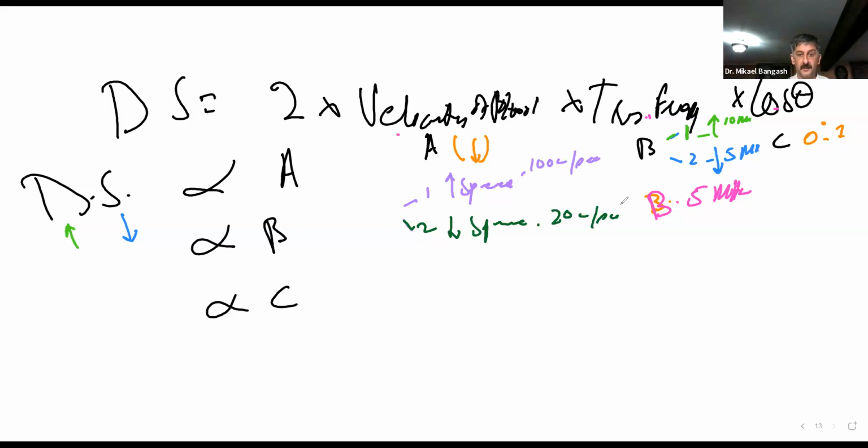Now for the Doppler shift: in the blood vessel where the blood was flowing at a great speed, we will have a great Doppler shift. Whereas if we recorded the Doppler shift in the low velocity blood vessel, our Doppler shift will be low.